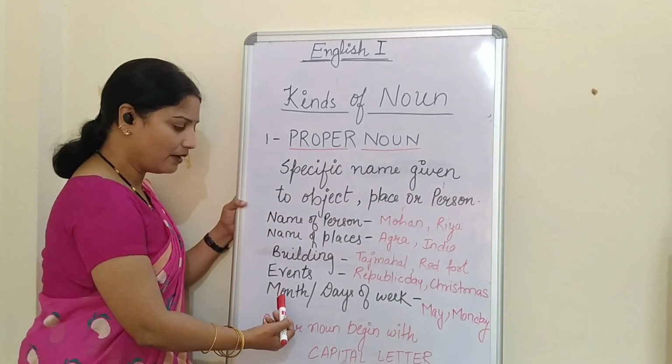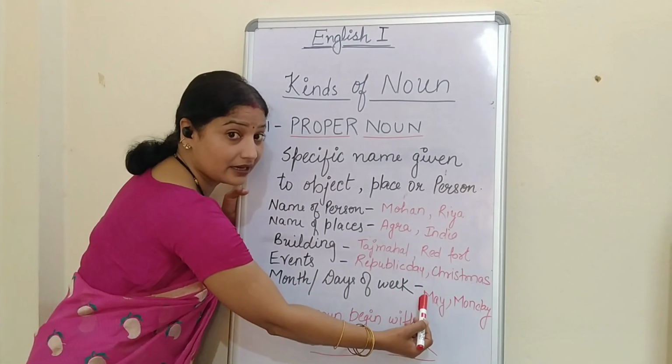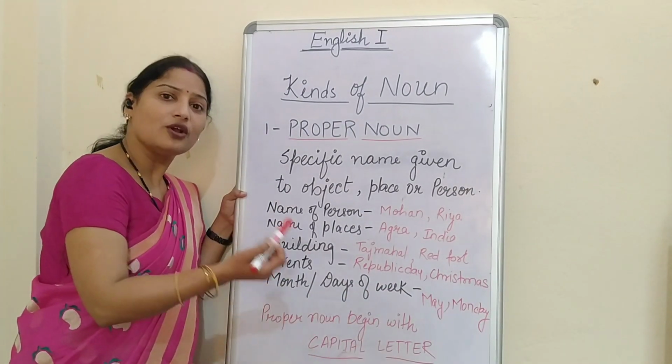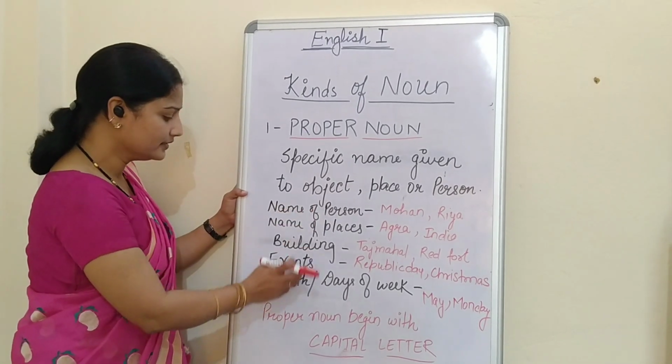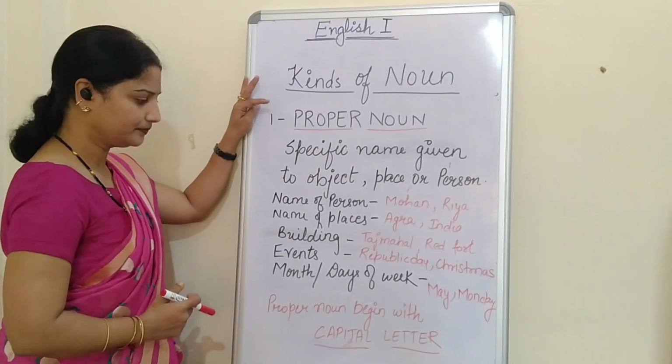Then even months and days of the week like May, June, July, Monday, Tuesday. All these are specific months, specific days and hence they all come under proper noun.